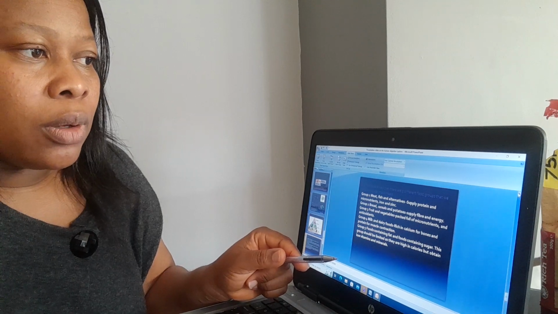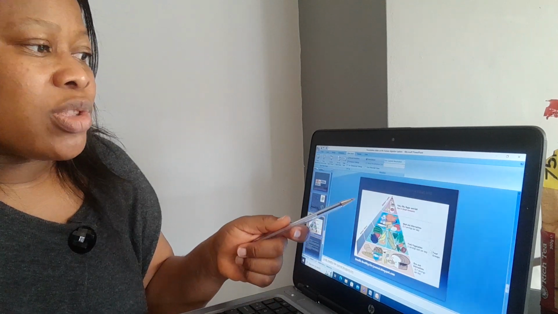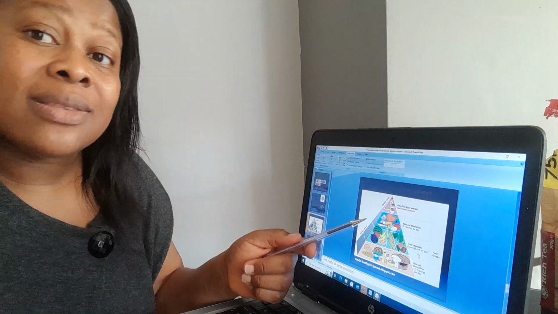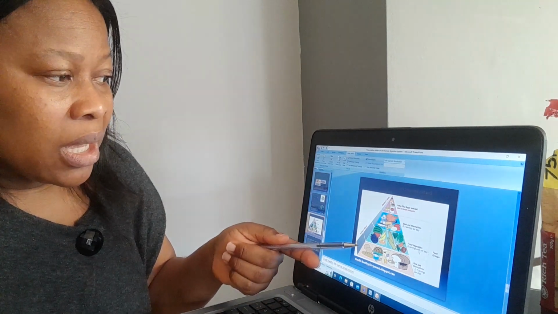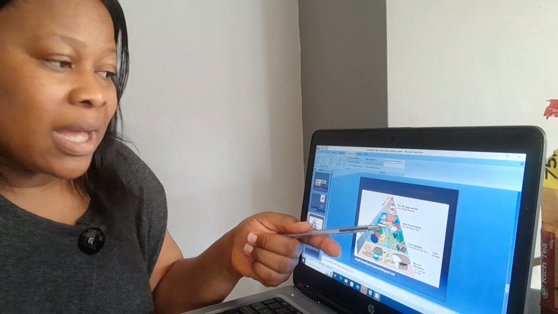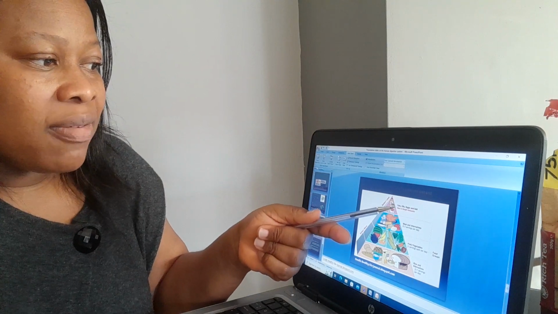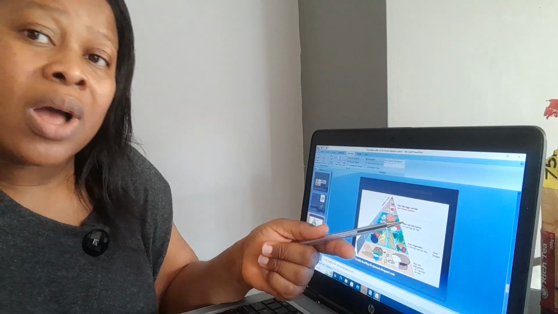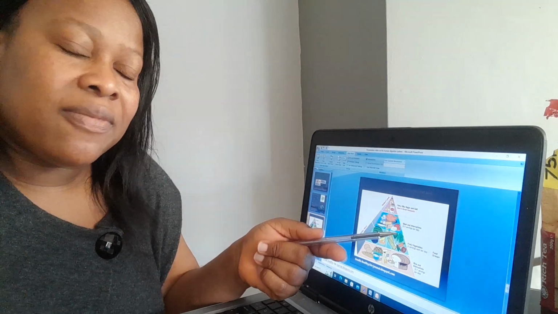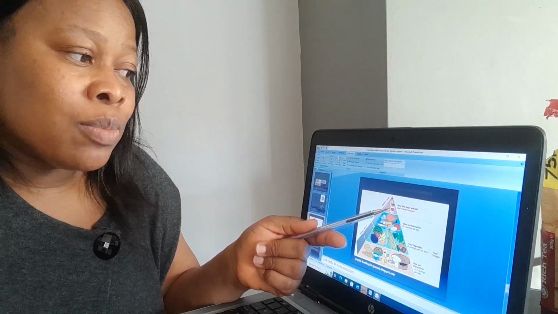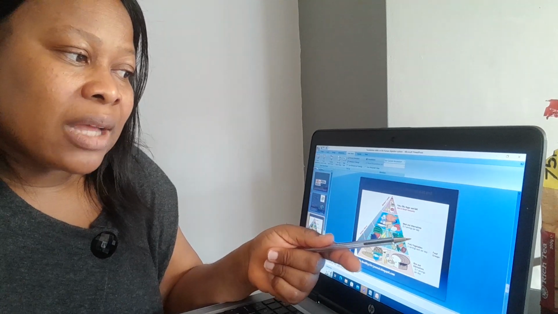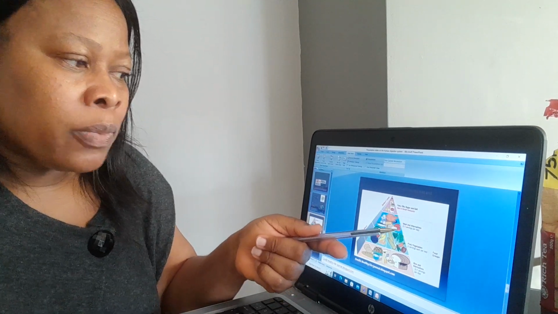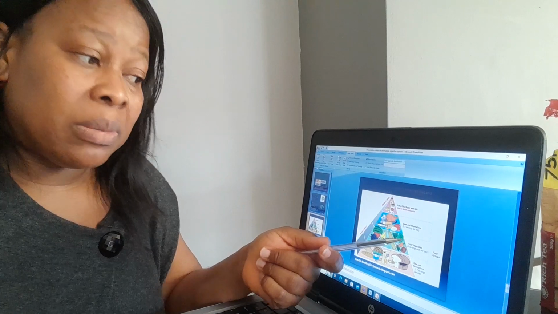Now, the constituents of food groups of a balanced diet and examples of their sources. If you look at the diagram here, we have fats, oil, sugar, and salt, which are advised to be used in small amounts. We have meat and alternatives, which you can have 2 to 3 servings per day.